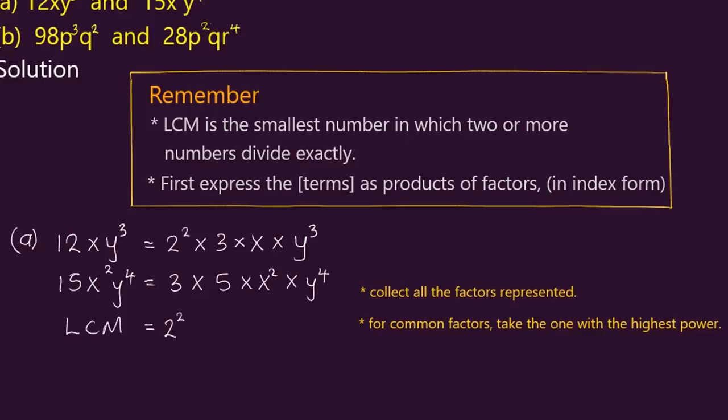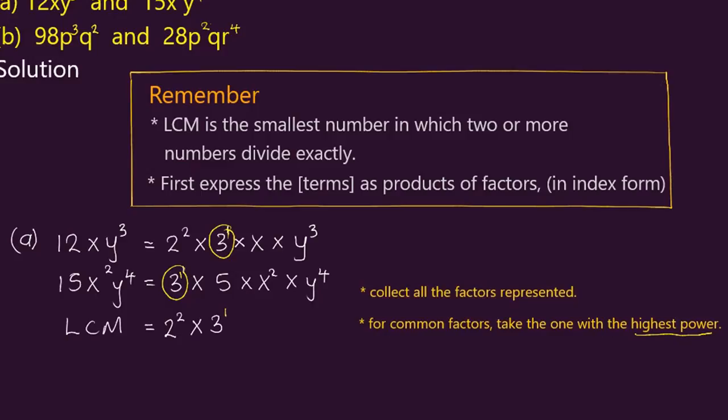And then we also see here that 3 is common, that's 3 to the power of 1. So what we do with the common factors, we said we take the one with the highest power. Since they have the same power, 1, we just take 3 to the power of 1.